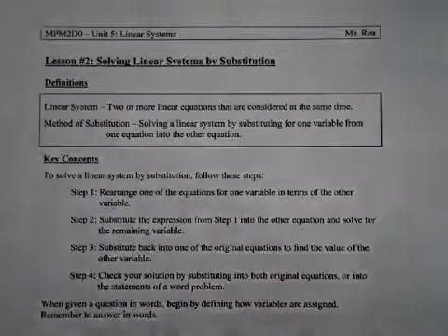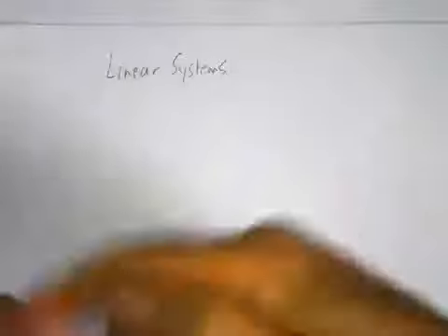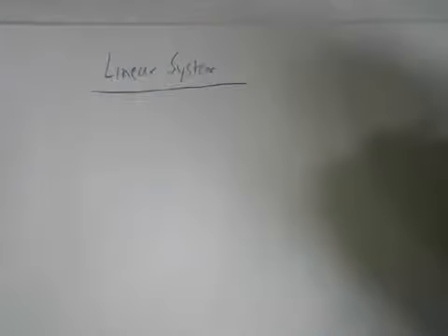so I just wanted to do a quick little summary of what is a linear system. Okay. So if you look at the two words, system, linear, you've seen that a ton in grade 9 and a little bit in grade 10 again, but linear is basically a line.